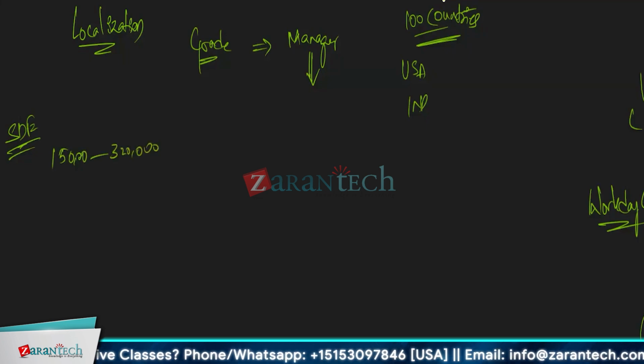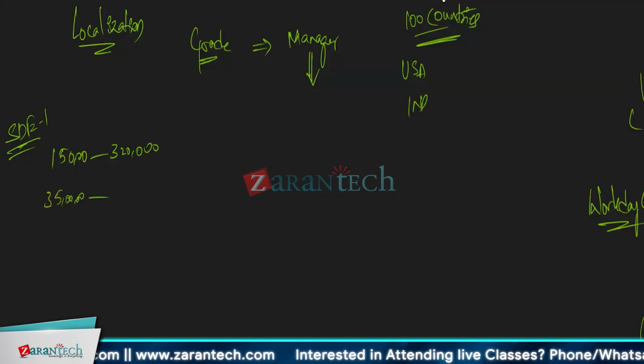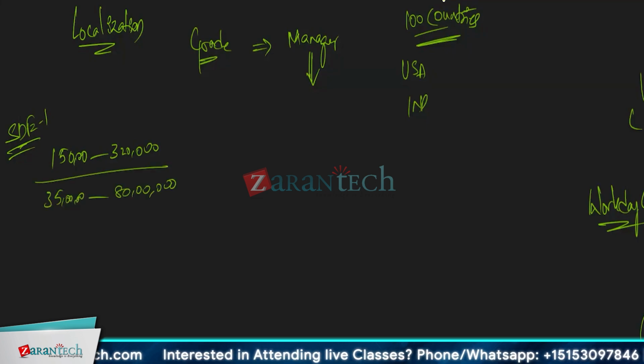For the same role in India, you would be paying that employee around, let's say, 35 lakhs to 80 lakhs. Now you can see that there is a difference in the pay range.